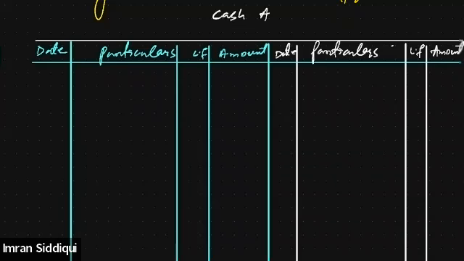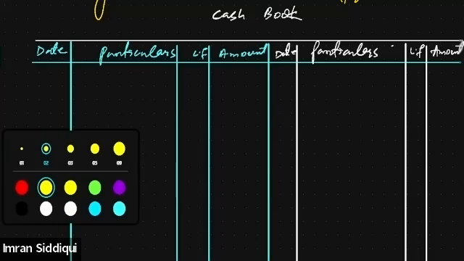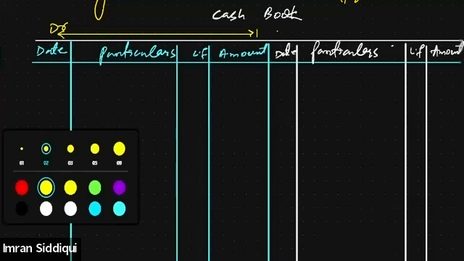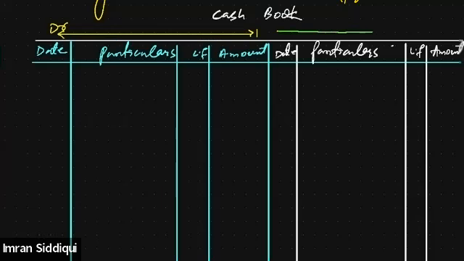This is called cash account, or simply cash book. Now in this cash book, this side is considered as the debit side of the cash book, and this is the credit side of the cash book.